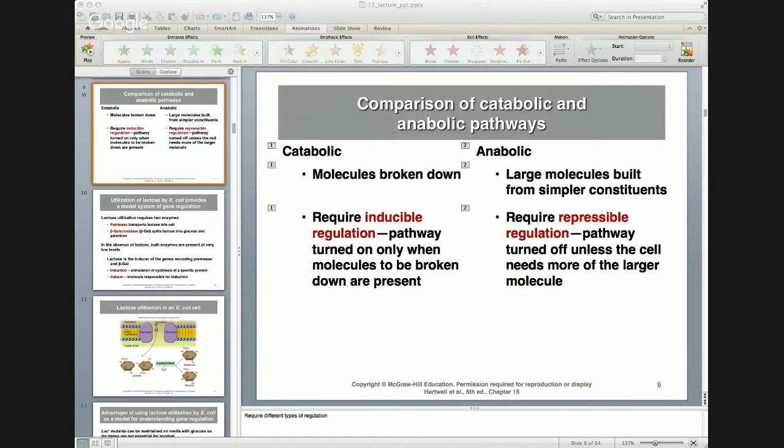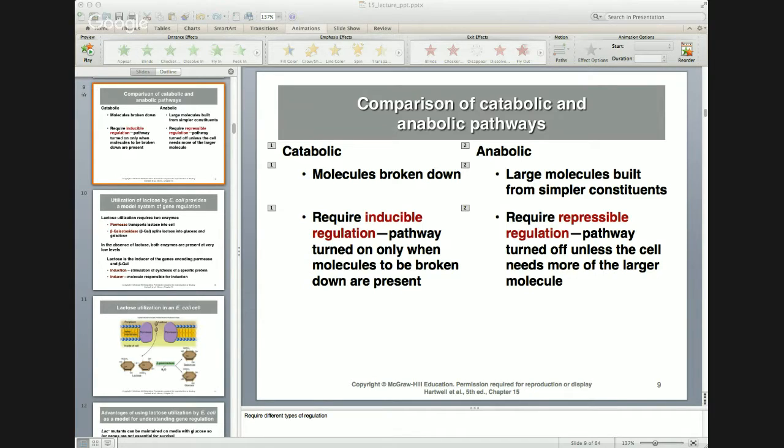So what we know of lactose utilization comes from studies conducted by Jacob and Monod, and they studied what is known as the lactose operon, abbreviated lac operon. An operon is a cluster of genes that function together as a unit.